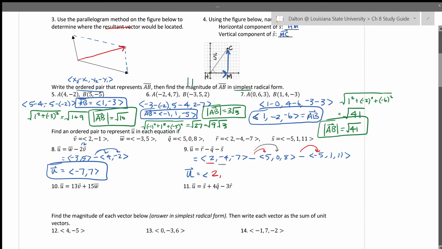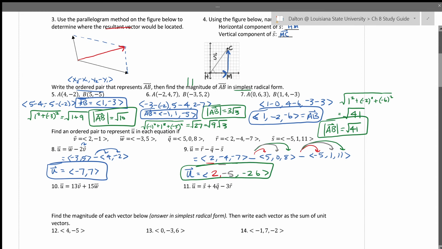There's no middle number to do. So that'll be -4 minus 1, which is going to give us -5. And then to get the z's, we have -7 minus 8, so that's going to be -15, minus 11 will give us -26.